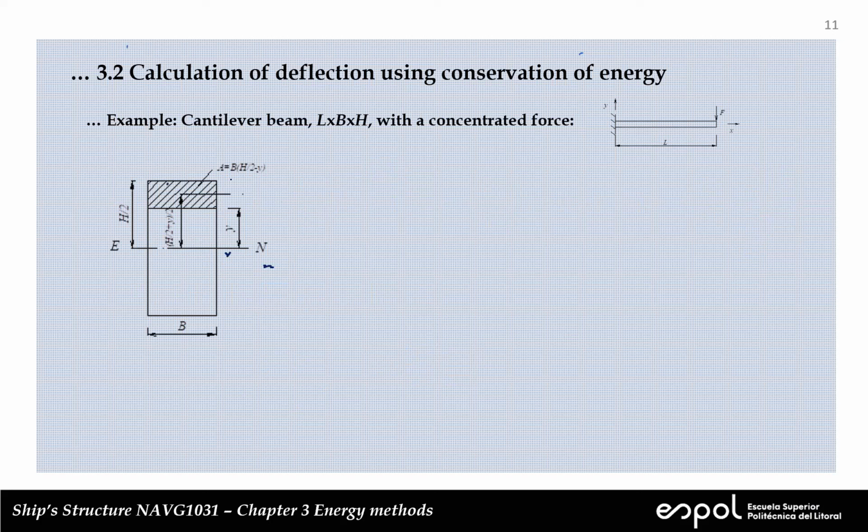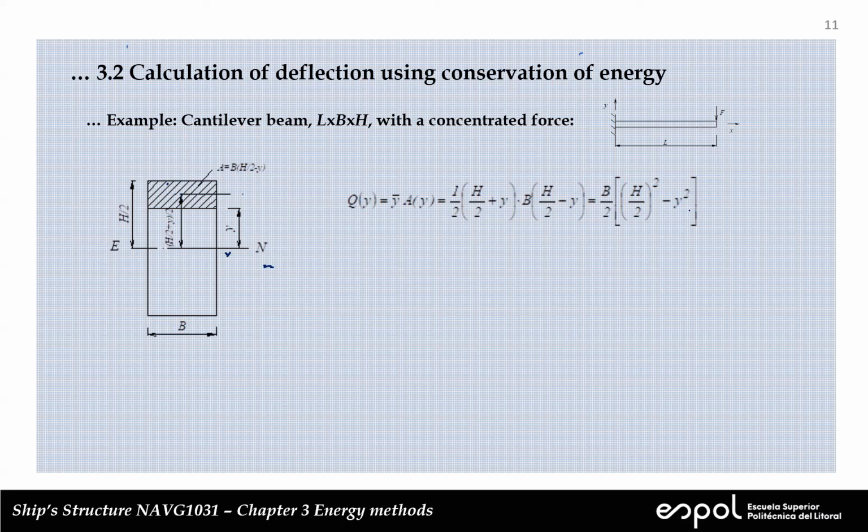This is the first moment of here. This is the area, and this is the distance to the centroid. The product of these two will give us the first moment. So this is typical: it's b over 2, half of the height squared minus y squared.